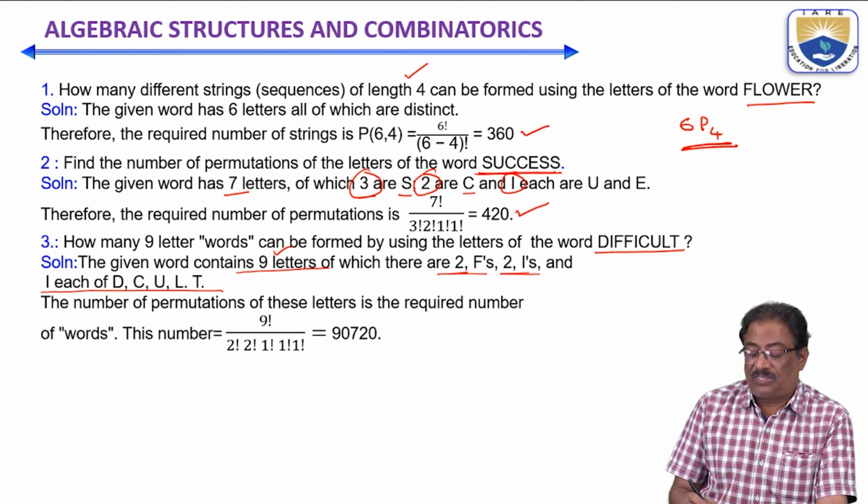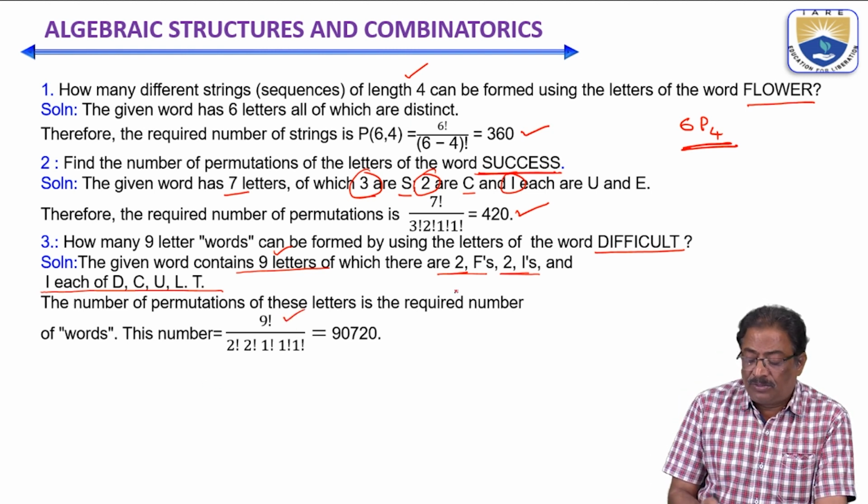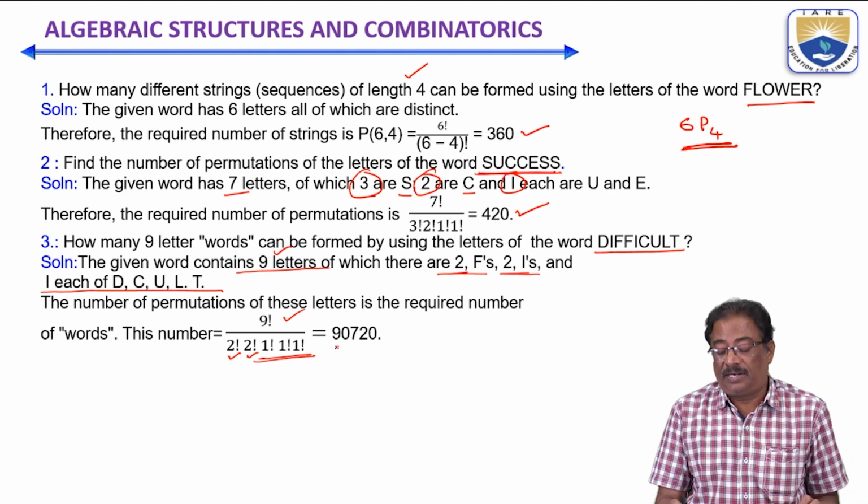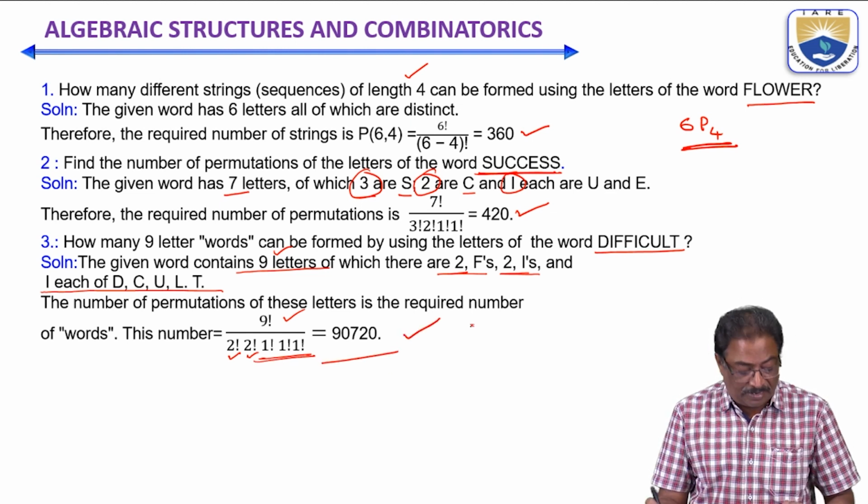So the number of permutations is 9 factorial by 2 factorial into 2 factorial, because F is repeated twice and I is repeated twice, and there is no repetition in the remaining letters. So we are going to get this number of ways.